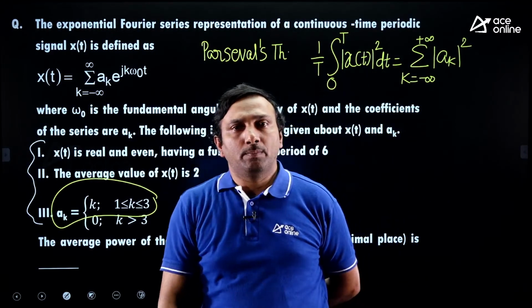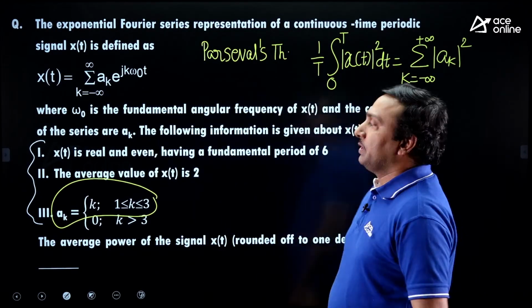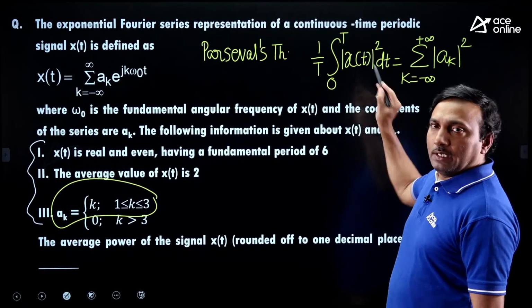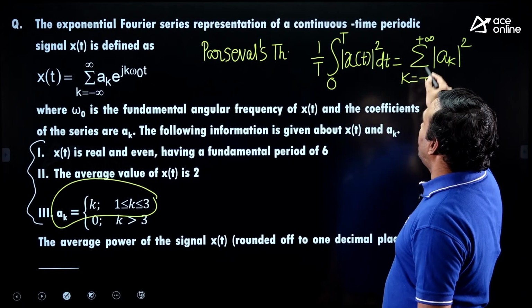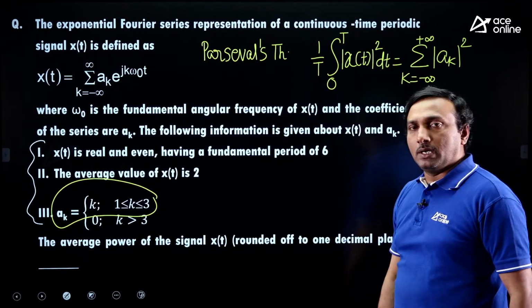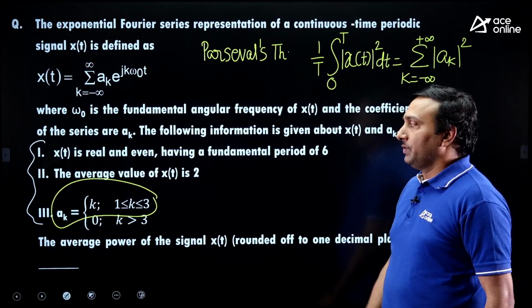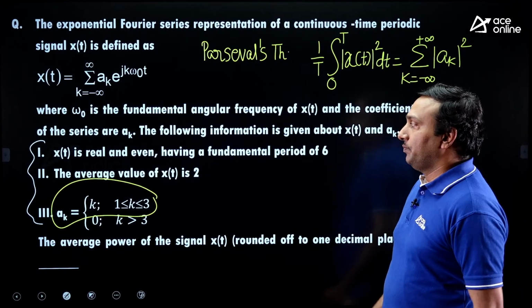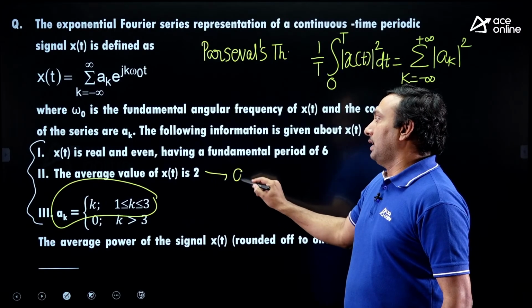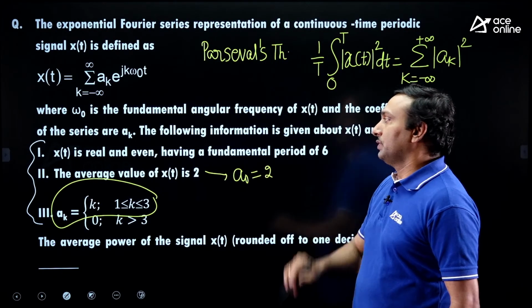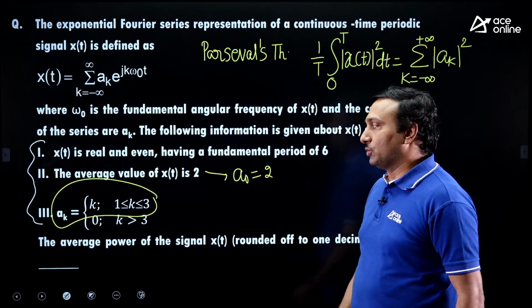The total power in the periodic signal equals the sum of squared amplitude of each harmonic component. Already a k is available. The second point indicates the a0 value is 2. Average value of the signal is 2.